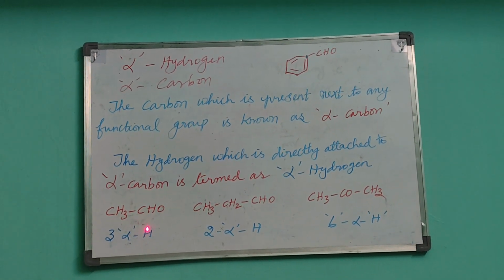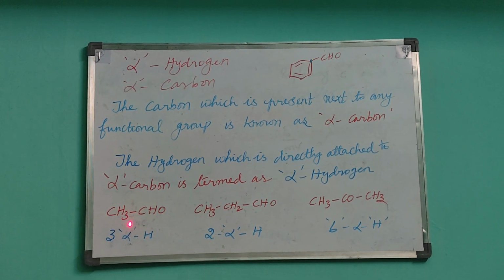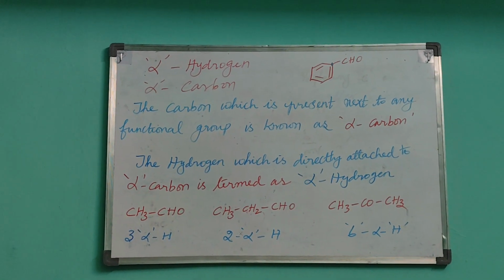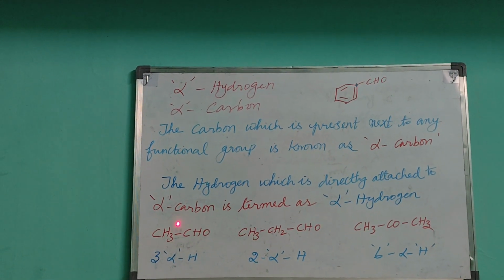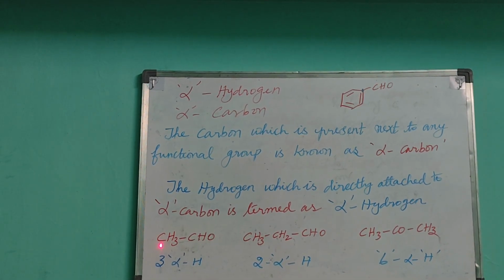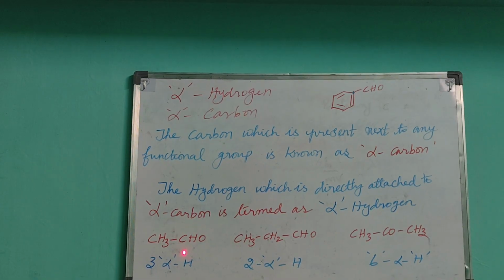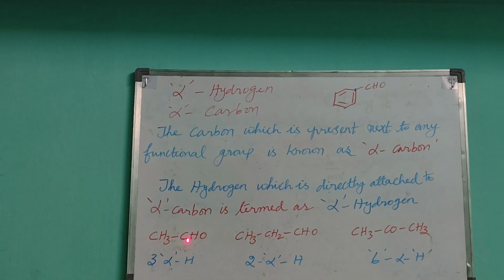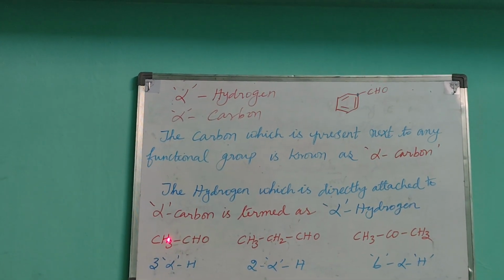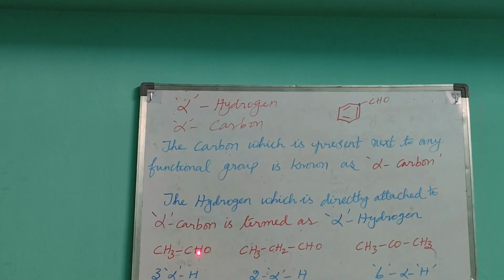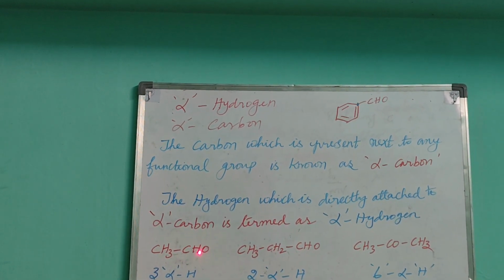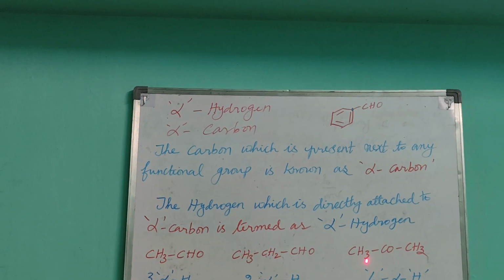To find the alpha hydrogen, first we have to find the alpha carbon. As I said earlier, in the first structure this is the alpha carbon. How to identify the alpha carbon? The carbon which is directly attached to the functional group is the alpha carbon. Don't mistake the functional group carbon as the alpha carbon. No, it is not, right.